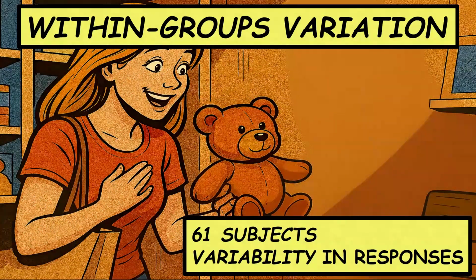And then we're going to compare that to the variability that we found between the groups. So the within groups variation, you can think of as a baseline amount of variability. And then the between groups variation is the extra variation that gets added on by the manipulation, by asking them the different questions. And then the F statistic uses both of those in its calculation.